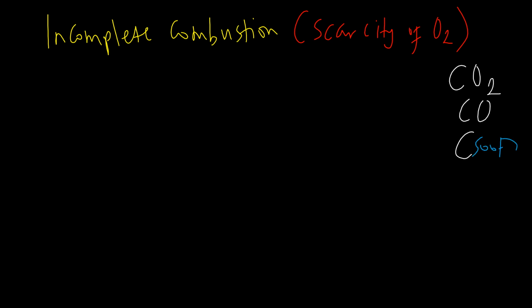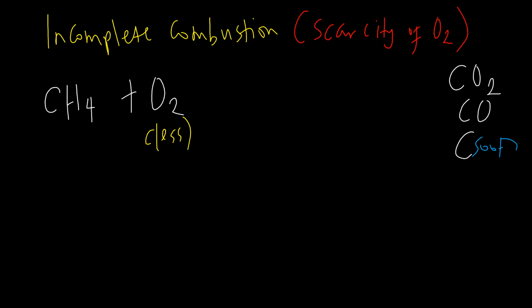Okay, so going back to that description, so let's say you have methane once again. So if I have methane and it's reacting with oxygen, but there isn't that much oxygen, then I'm just going to say less oxygen. Then this will still end up producing water.